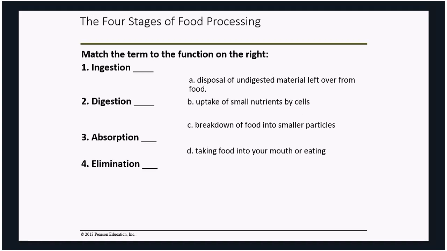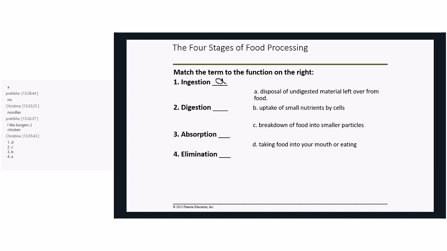Ingestion means you are taking a bite of noodles or a bite of your burger. Ingestion is taking that food into your mouth and eating it. Digestion means you are... you're close there.